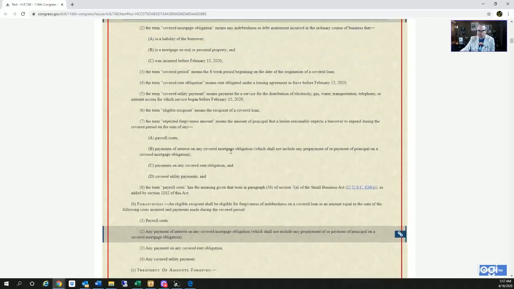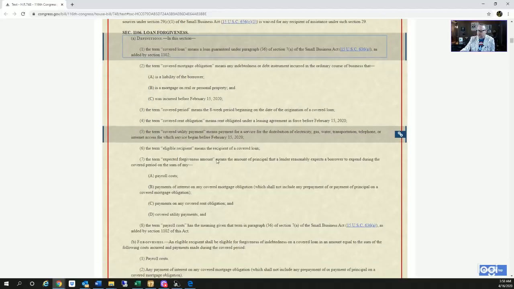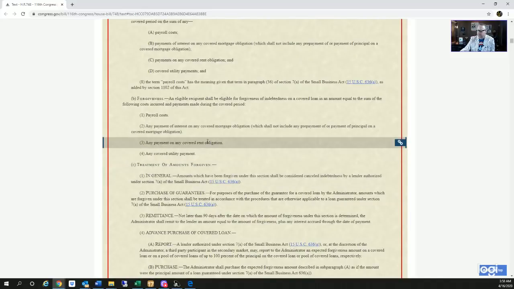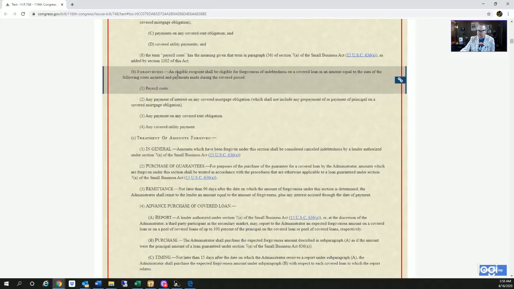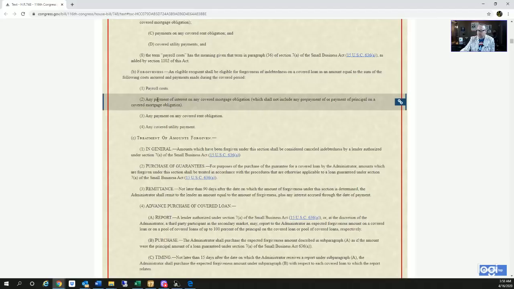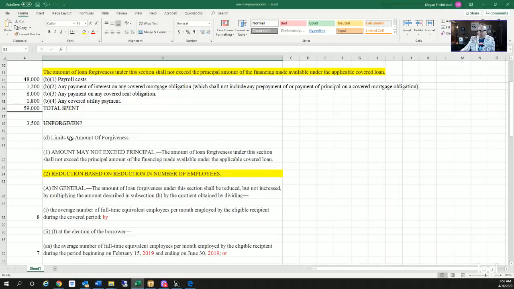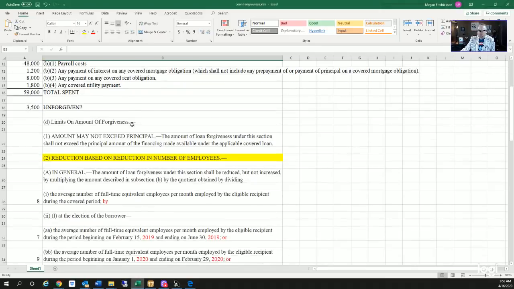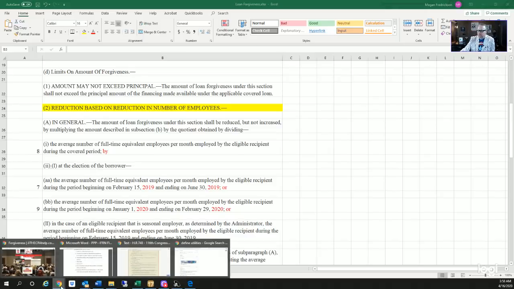here's all the covered terms, meaning the loan and the liability and the period and all that good stuff. And then we're down to B, forgiveness, B1, B2, B3, B4, and D. So you see all this language here. I'll just show you one more time.